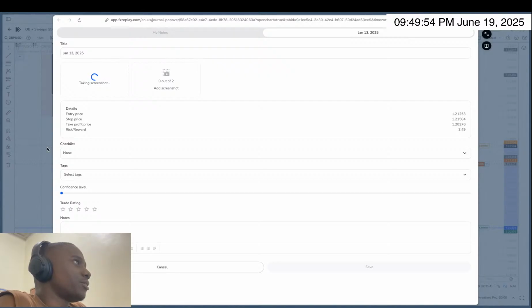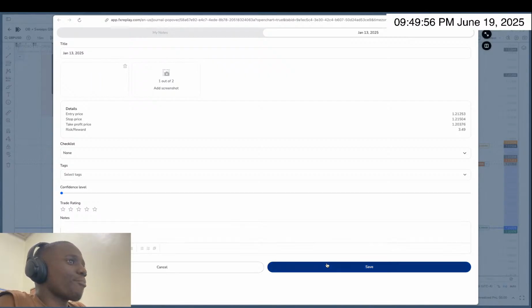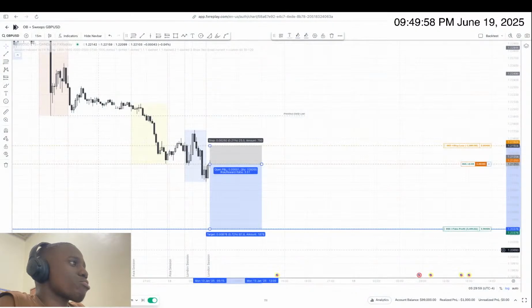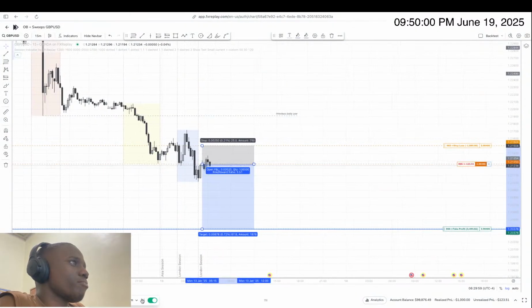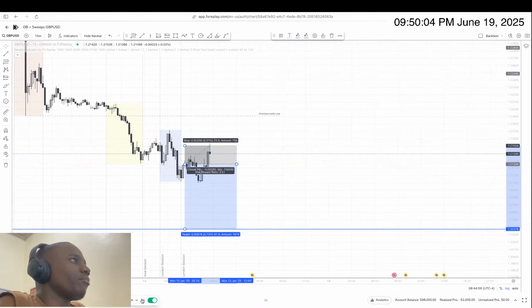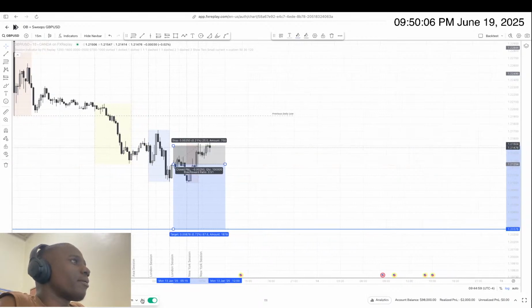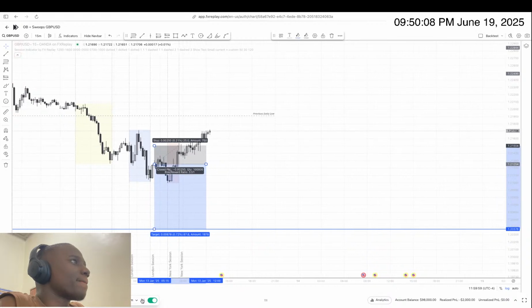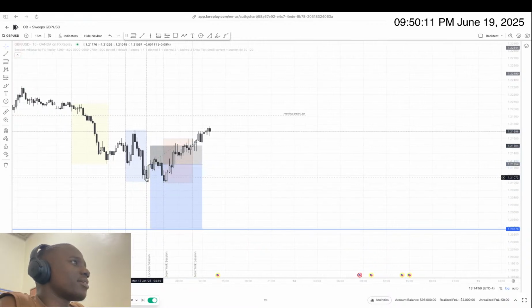And take the screenshot. Okay. So everything had started out well before we disrespected this fair value gap.